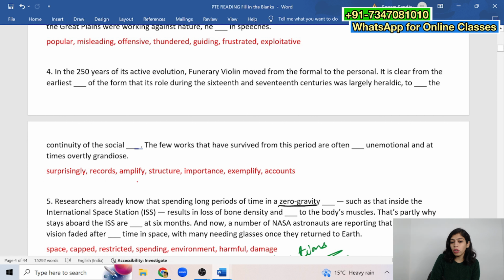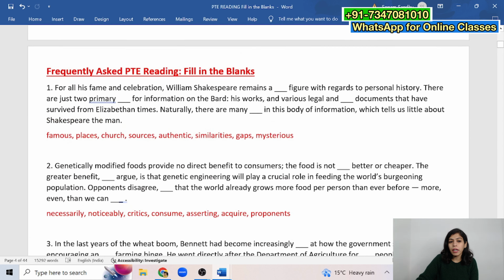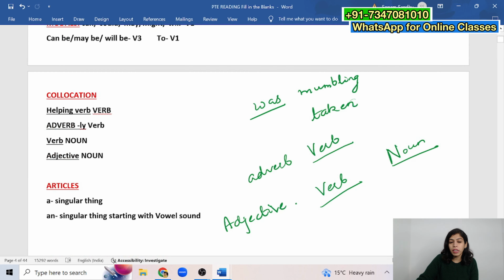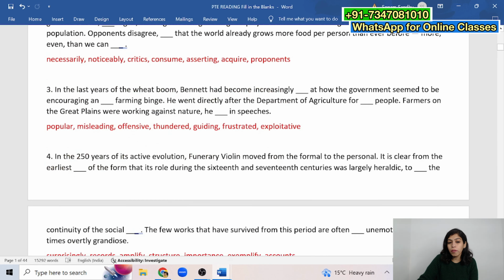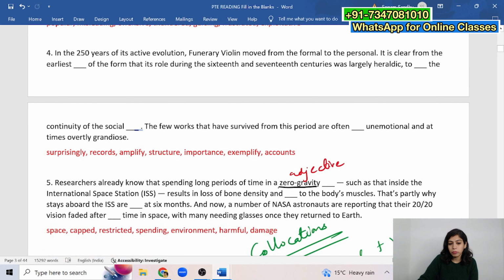So, researchers already know that spending long periods of time in a zero gravity dash, such as that inside the international space. So, zero gravity is an adjective. What comes after adjective? I told you in the beginning that after adjective, we get a noun. So, zero gravity what? Now we need to find a noun. Okay. Space is a noun, zero gravity space.